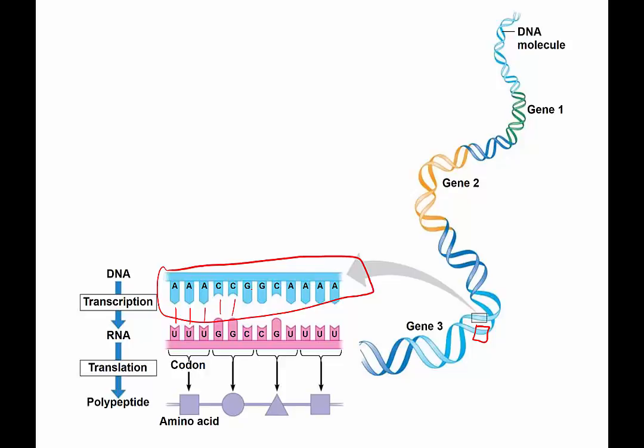So here we have AU pairing and GC pairing. Also, we talked about codons, which you can see here. Remember, codons are triplet pieces of RNA. So every 3 nucleotides, we have 1 codon. You can see UUU is 1 codon, and that codes for the square amino acid. GGC is another codon, and that codes for the circle amino acid.